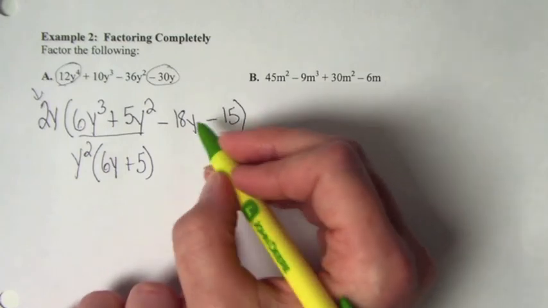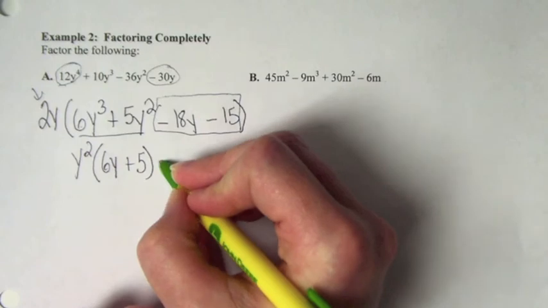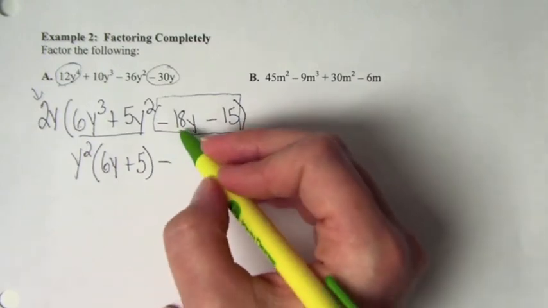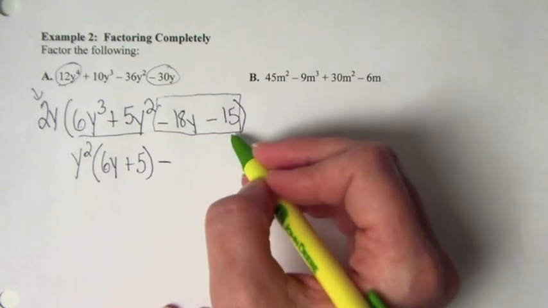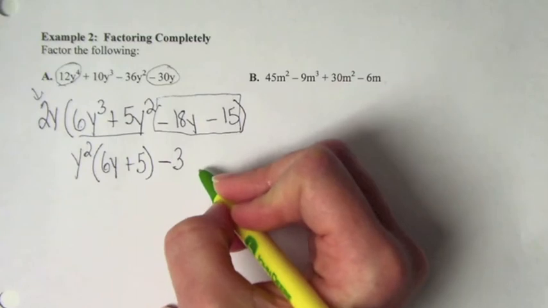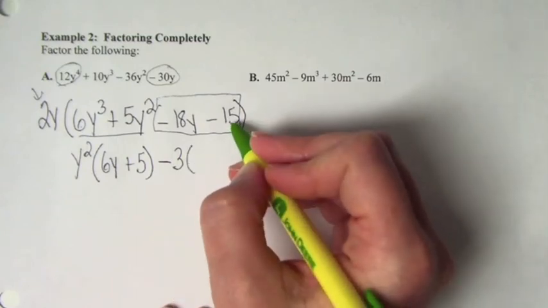Now looking at the next group, negative 18y and negative 15, they each have a negative in common, so we're going to go ahead and put a negative out there. And if you look at the numbers, 18 and 15, 3 will go into both of those numbers, so there's a 3 in common. There's no y's in common because the 15 doesn't have a y with it.